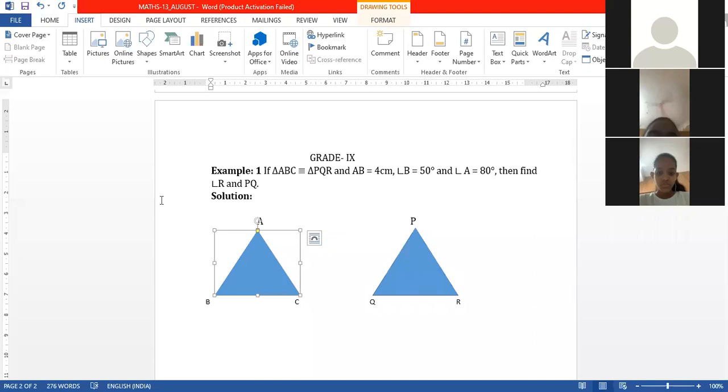You can observe, students, how painful it is to type here. Yeah, completed. There are two triangles.